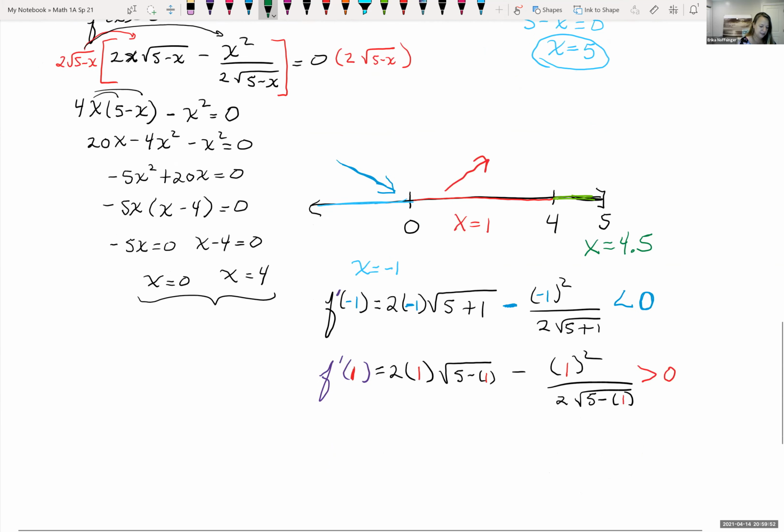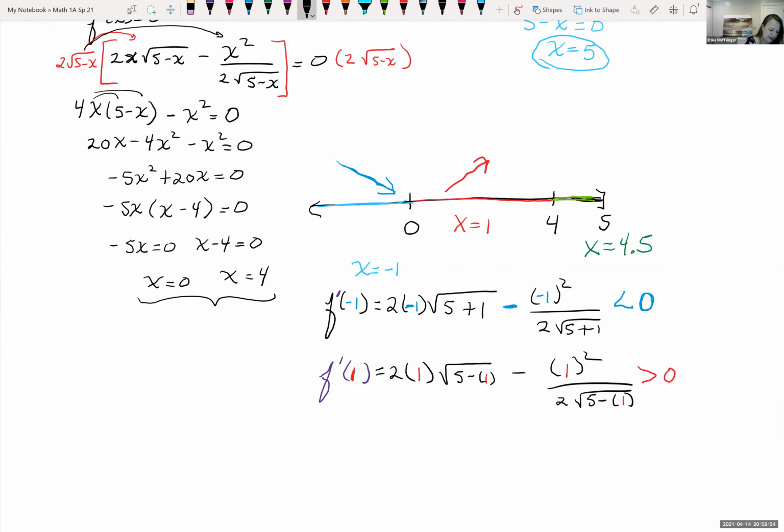So plugging that into the derivative, we want to see, are we going to get a positive number or a negative number? So we got 2 all times 4.5 square root of 5 minus 4.5, minus 4.5 squared, all over 2 square root of 5 minus 4.5.